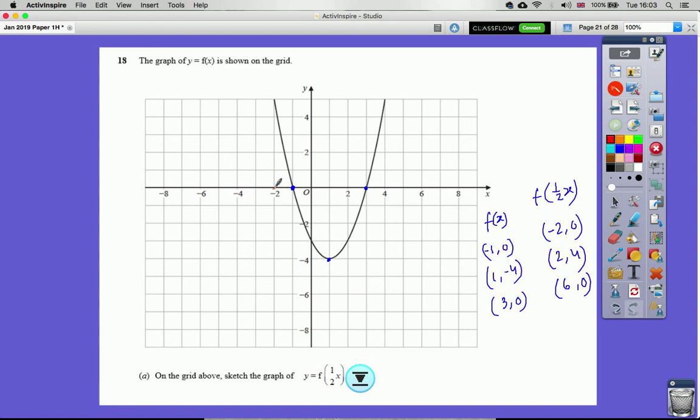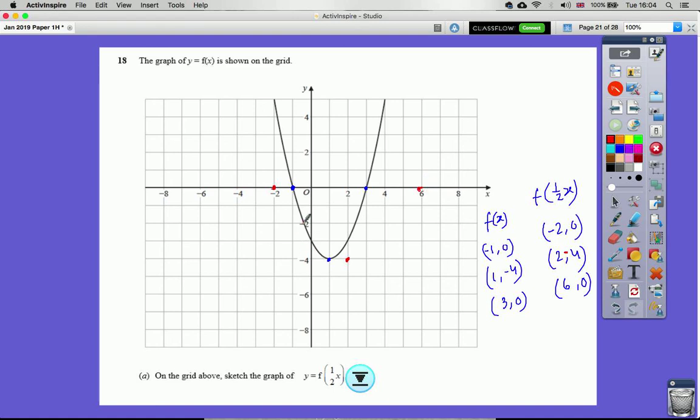So the point is going to come here. Then I've got 2 and 4. So that's negative 4. So it's going to be 2 and negative 4, and 6 and 0.